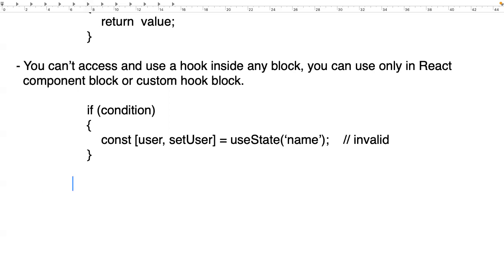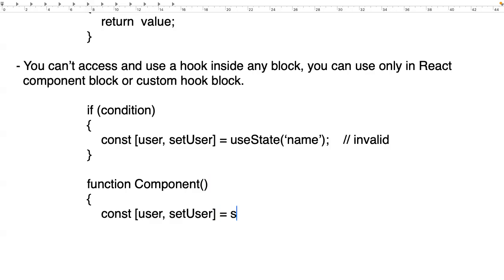So can I access it in a function block? This is a component block now. In a component block, we can access. In a component block, we say constant user, setUser, like this, you define useState. So this is valid.